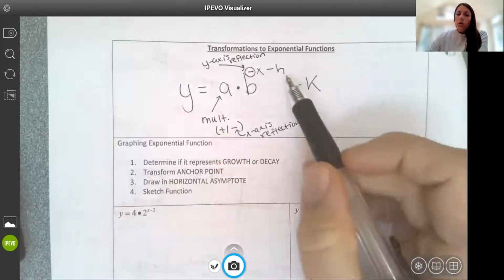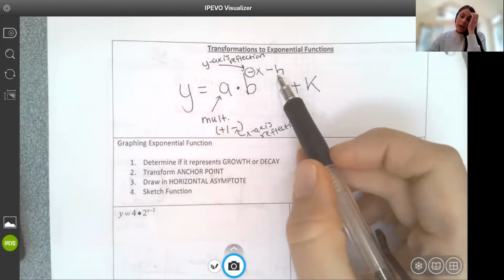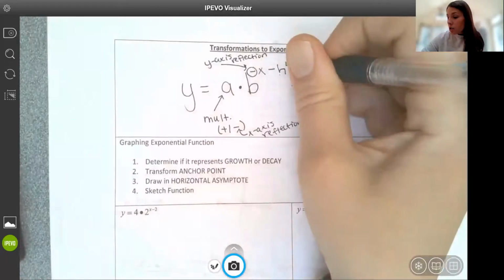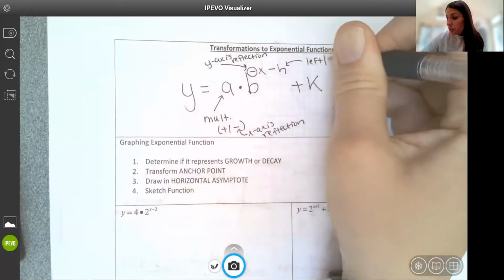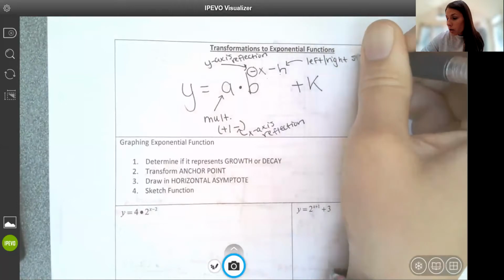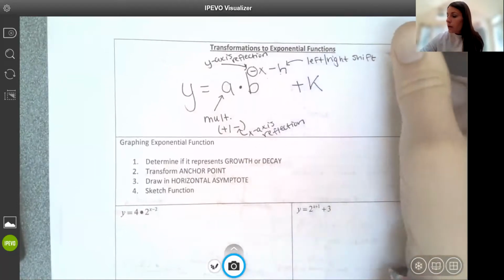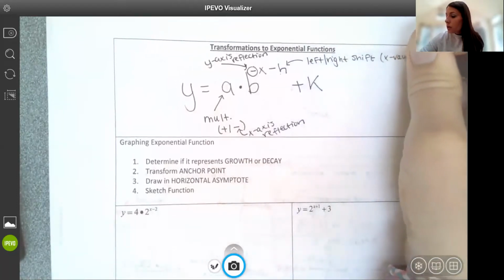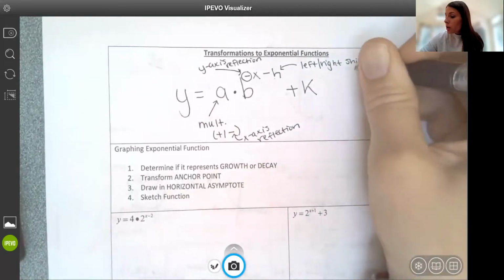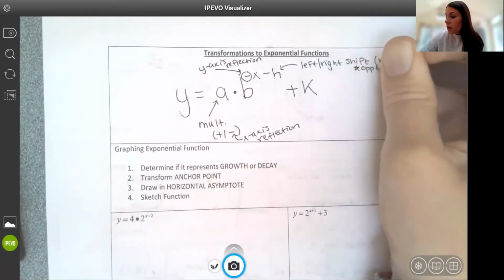Okay. When we had a value being added or subtracted within my exponent, it was a horizontal shift or a left-right shift. It's going to change the x value. And remember here, I'm just going to put opposite.